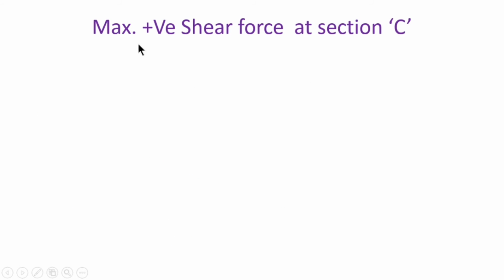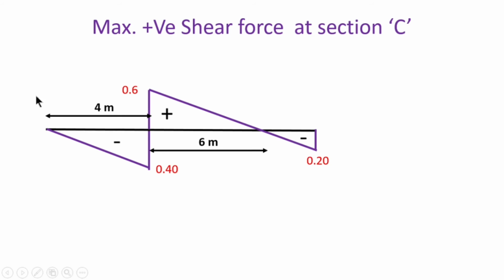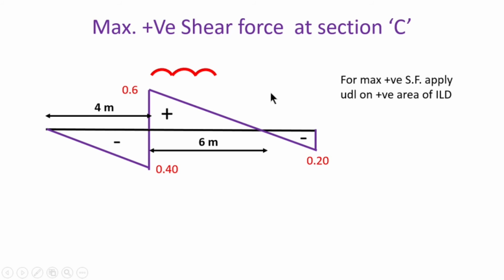Now for the maximum positive shear force at section C, apply the UDL on the positive area. The positive length is only 6 meters, so apply the UDL up to a length of 6 meters and consider only the positive area.